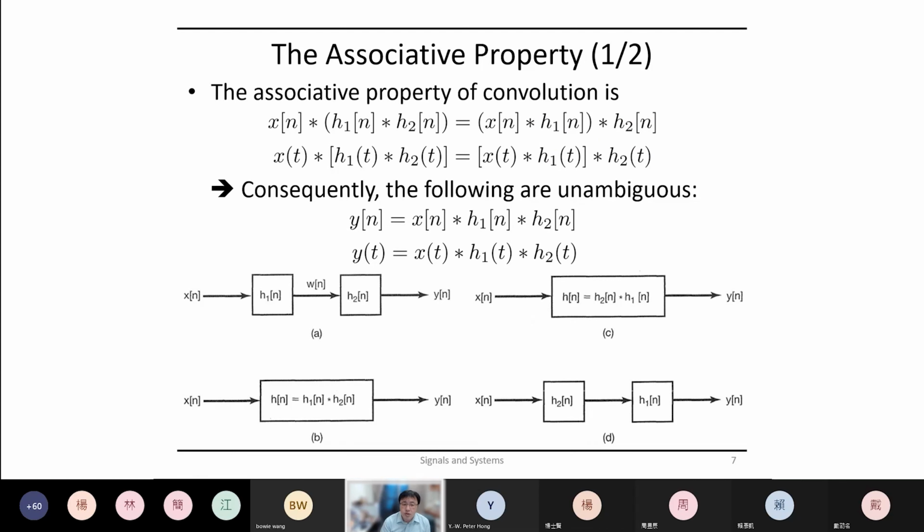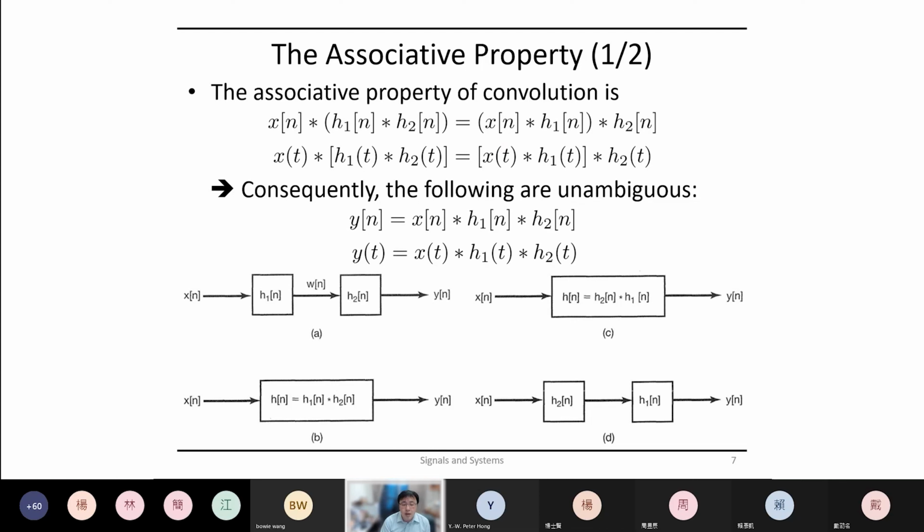So what this is saying is that when you want to compute the convolution of three functions, it does not matter if you perform the convolution first on these two functions or first on these two functions.